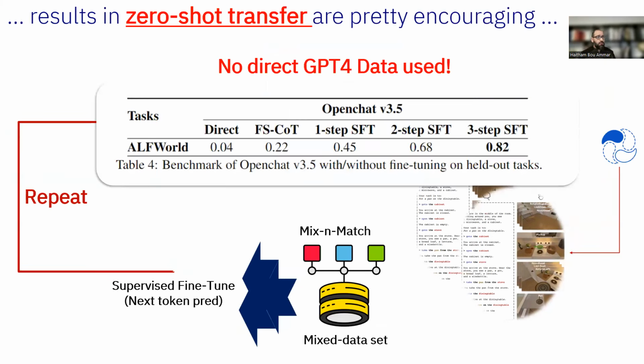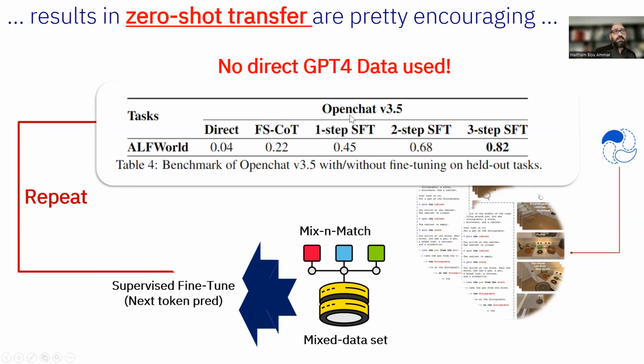So here are the results, which I think are pretty cool, because first of all, we tested this on this ALFWorld benchmark. Please notice that this test is on held-out tasks. So we're assessing the zero-shot generalization of the fine-tuned models on a set of tasks that we don't observe during training.